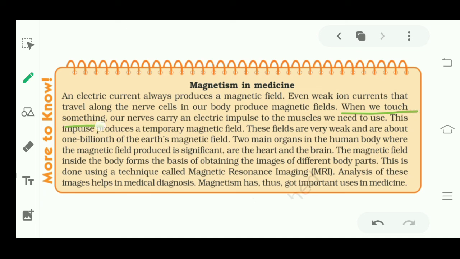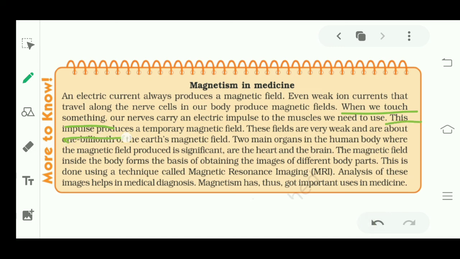When we touch something, our nerves carry an electric impulse to the muscles we need to use, right? If you want to touch or take something, then our nerves carry a signal as an electric impulse to the muscles that we want to use.